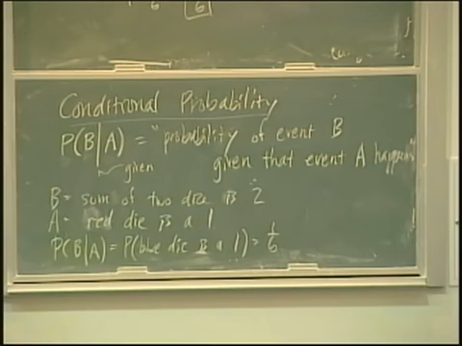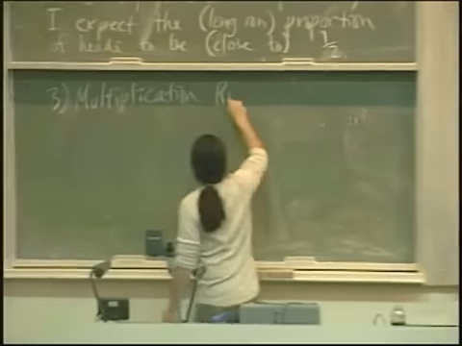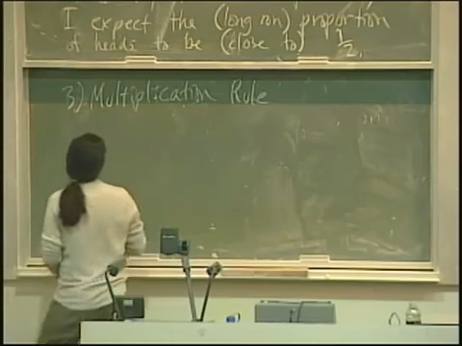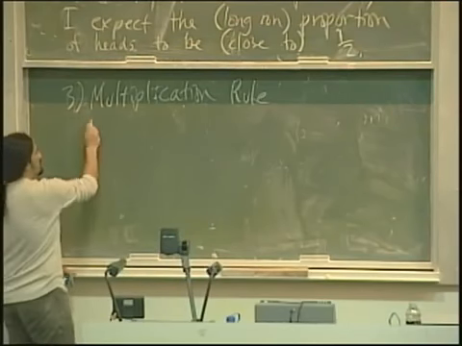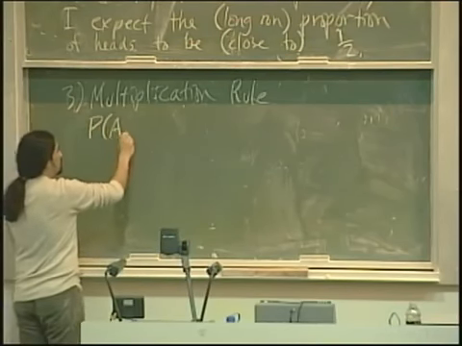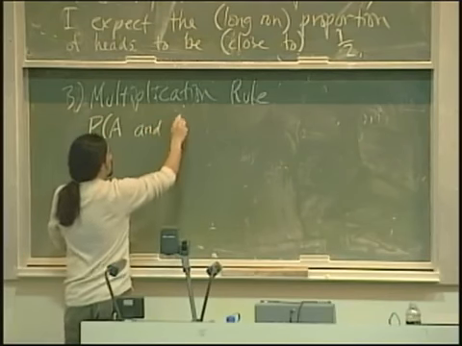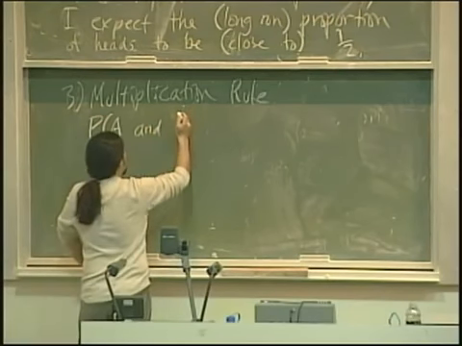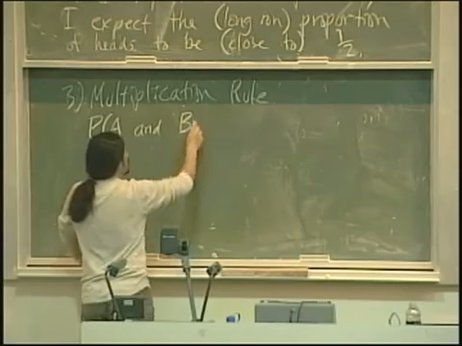So that gets us to what's called the multiplication rule, the third tool or rule. So the multiplication rule says, actually, well, I'll write this way first.